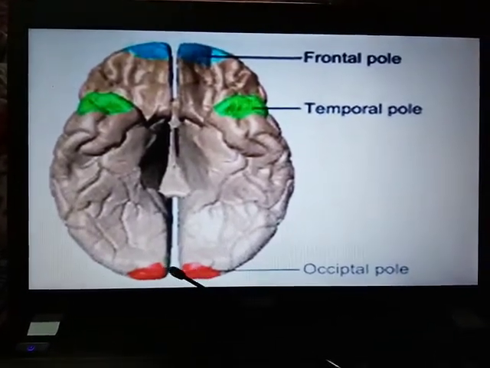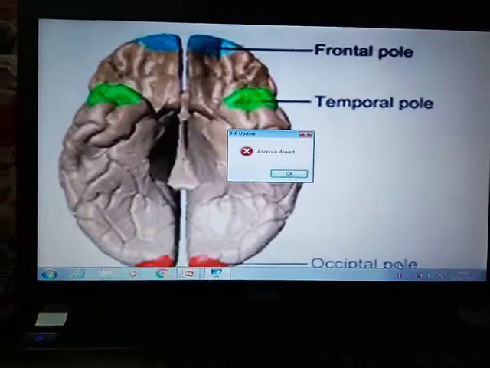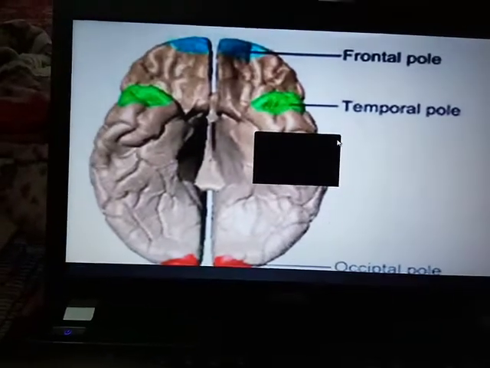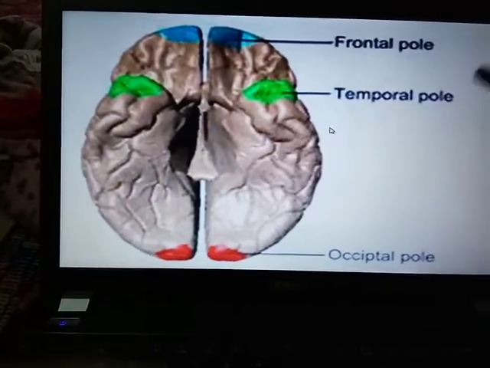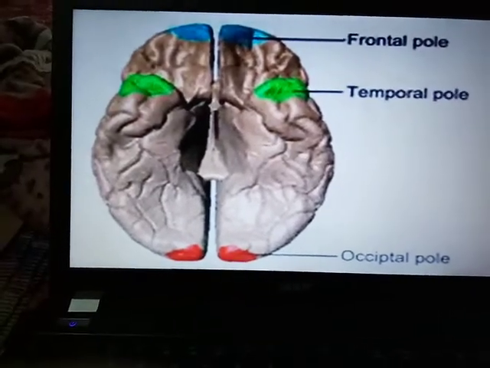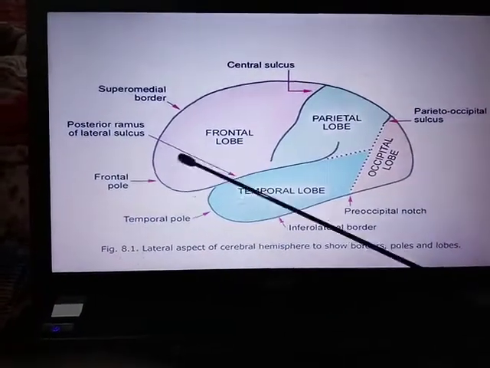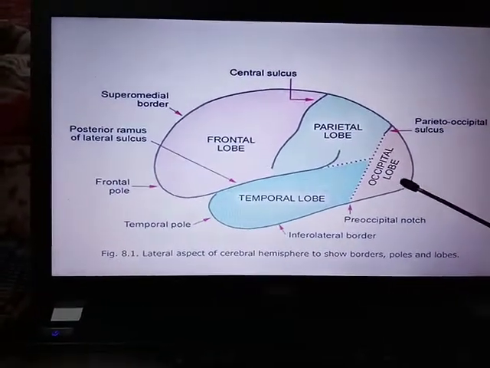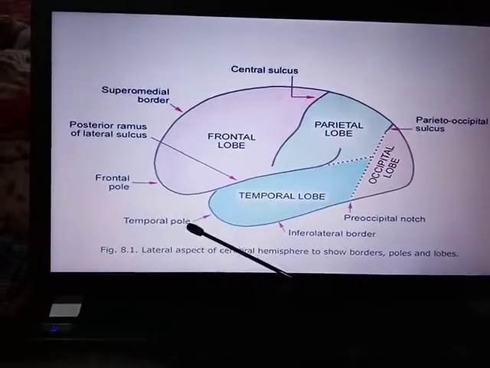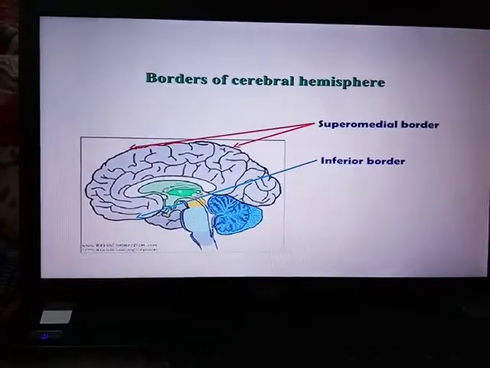Then we have the occipital pole, which is pointed, and this green colored pole is the temporal pole. Again, in the next picture, this is the frontal pole, which is blunt. This is the occipital pole, which is pointed, and this is the temporal pole, which is projected downwards and forwards.